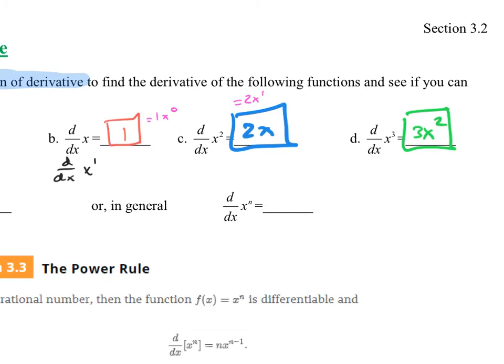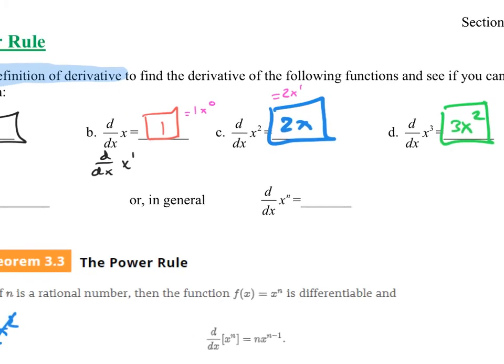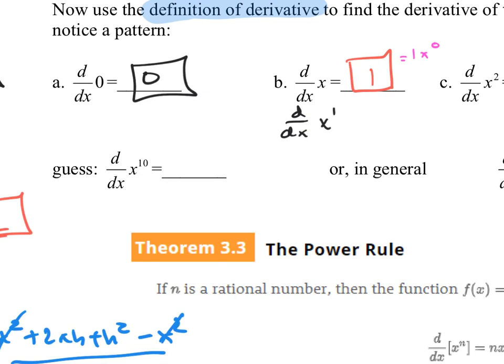Well, it seems to me when I take the derivative of x to a power, I drop that power down in front. So here's x cubed, right? Drop that power down in front and then subtract 1 from the power. So what should it be if we want to find the derivative with respect to x of x to the 10th? We should drop that power down in front, keep the x, to the power minus 1. And that's exactly what it would be.